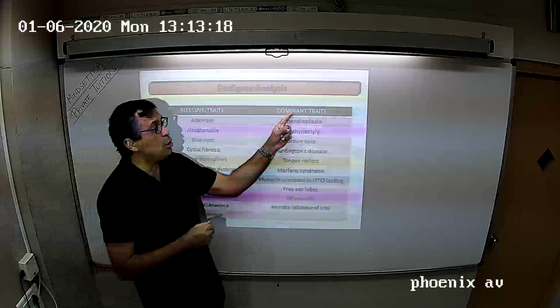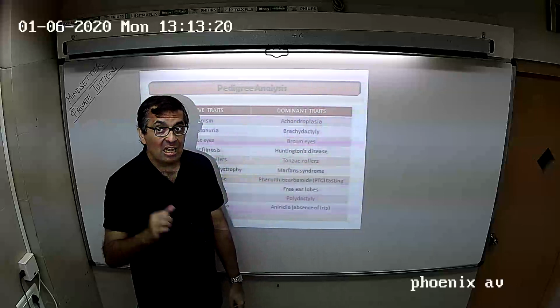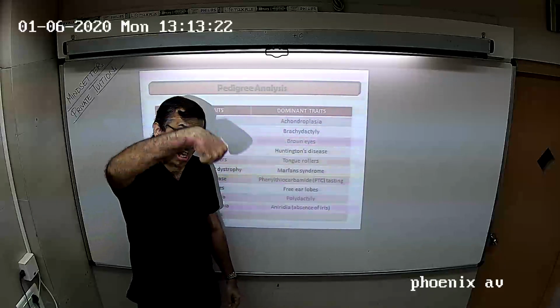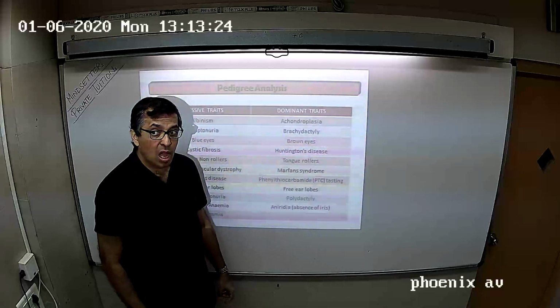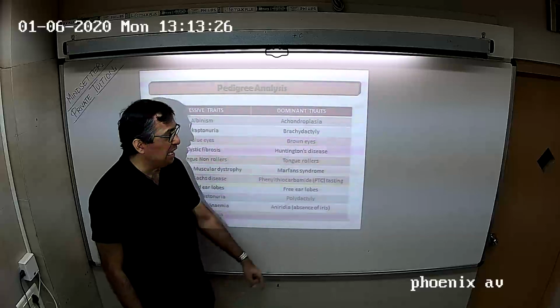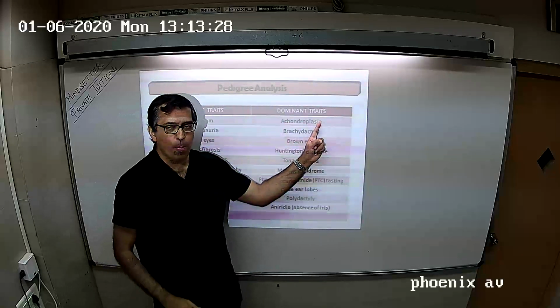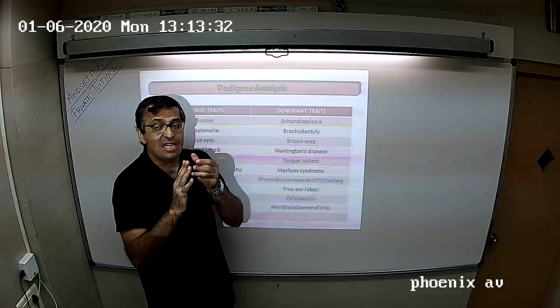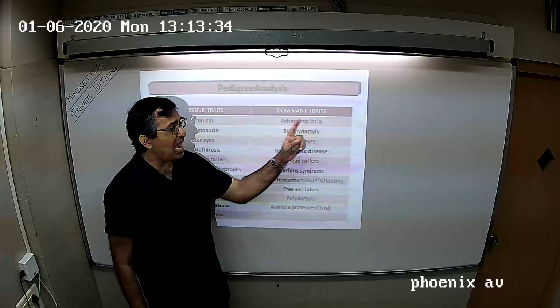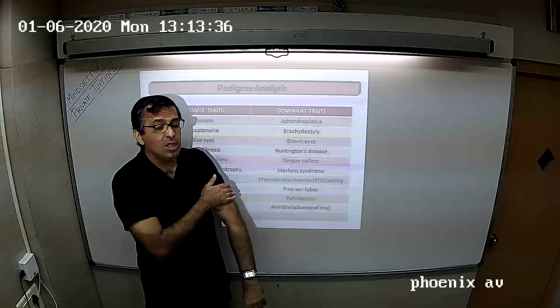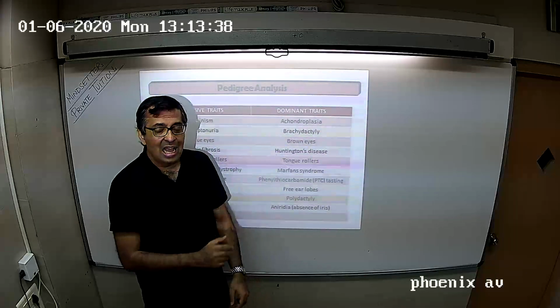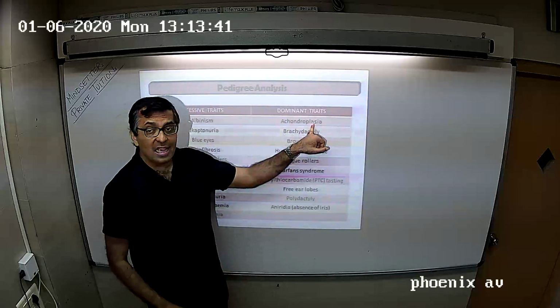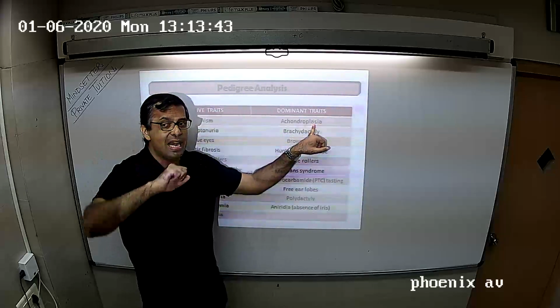And autosomal dominant trait, in which the mutated gene will become dominant over the normal wild gene. You have achondroplasia. The fingers of a person will not develop properly, which is called achondroplasia. Bones will not develop properly, and that is achondroplasia. It is an autosomal dominant trait.